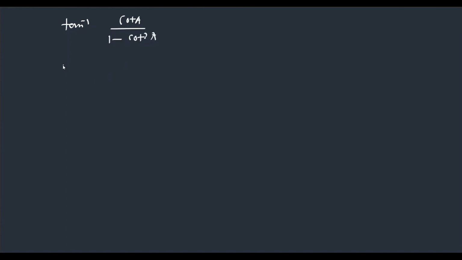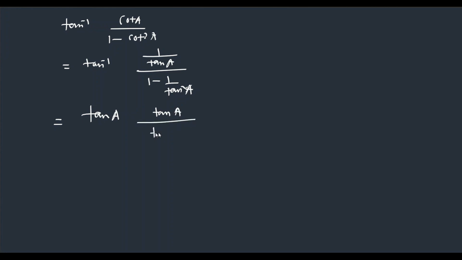Change this cot to tan. So we have tan inverse of 1 by tan a, then here 1 by 1 minus tan square a. So this will be tan a, and then 1 tan cancels out. In the numerator we have tan a, and here we have tan square a minus 1.